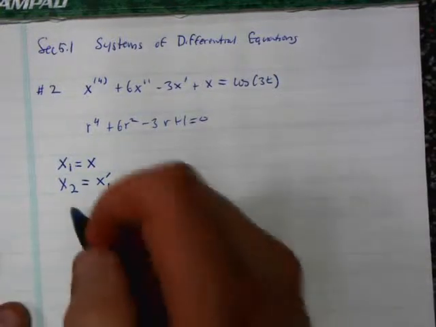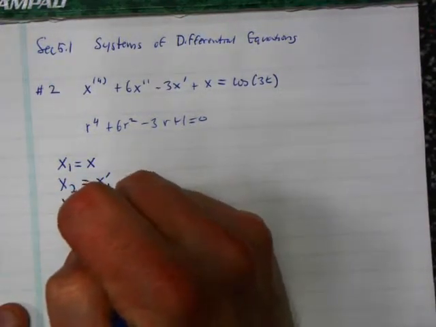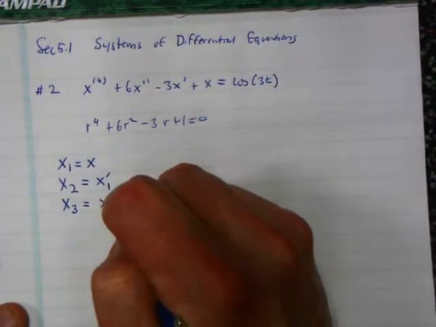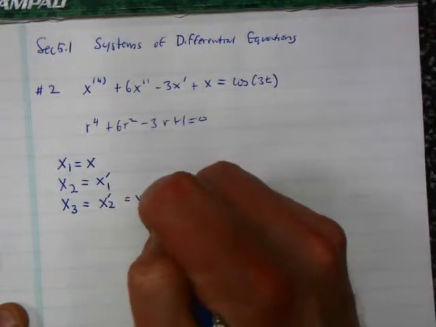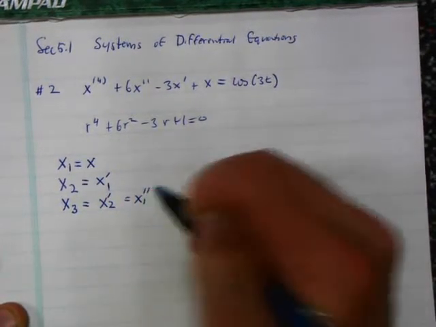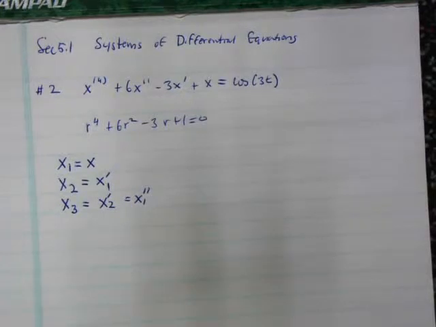What do you think x3 is going to be? It's going to be x2 prime, which is the same as x1 double prime. Pretty clever.